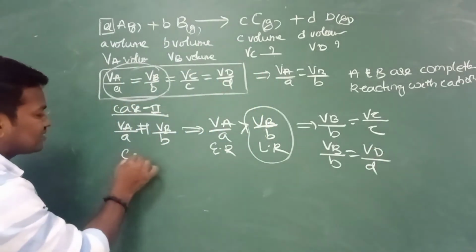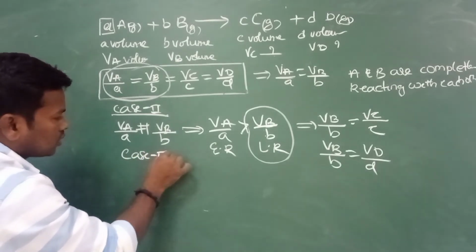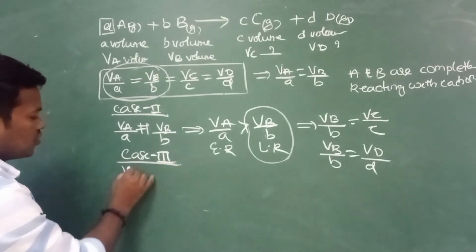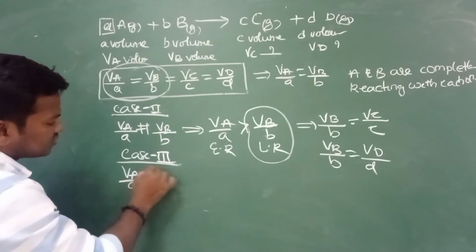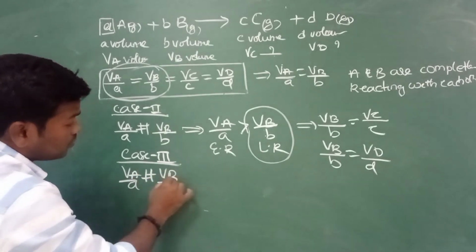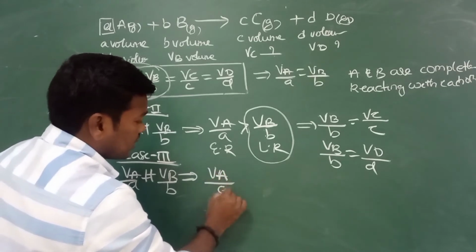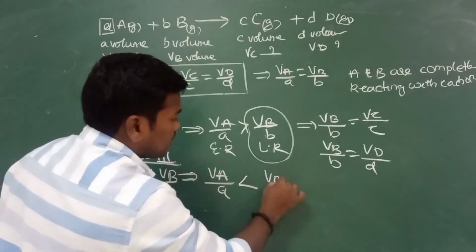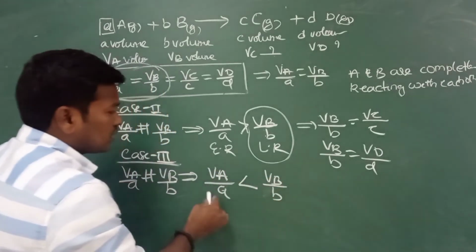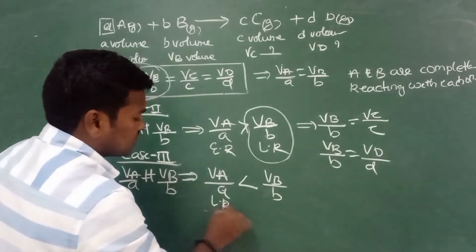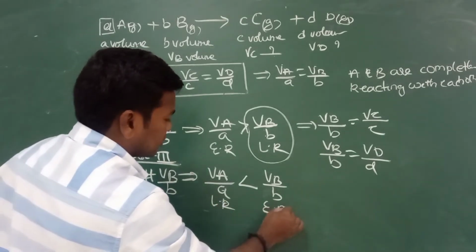For example, case 3: VA by a is not equal to VB by b. Suppose VB by b is greater. At that time, this is the LR, the limiting reagent, and this is the ER, the excess reagent.